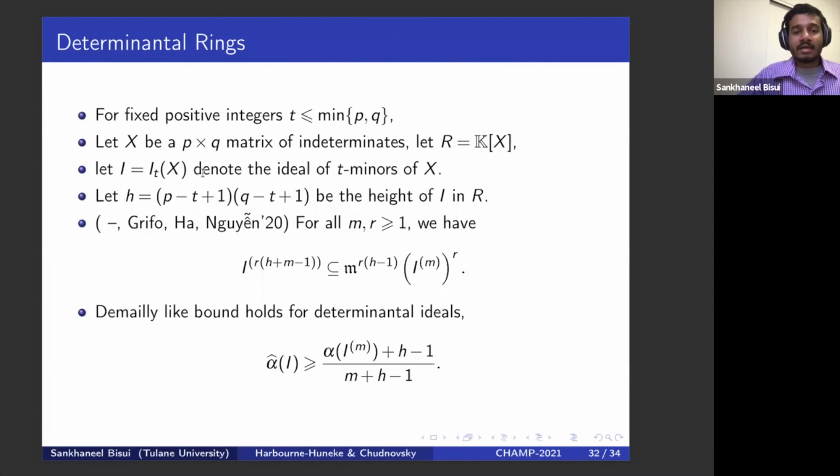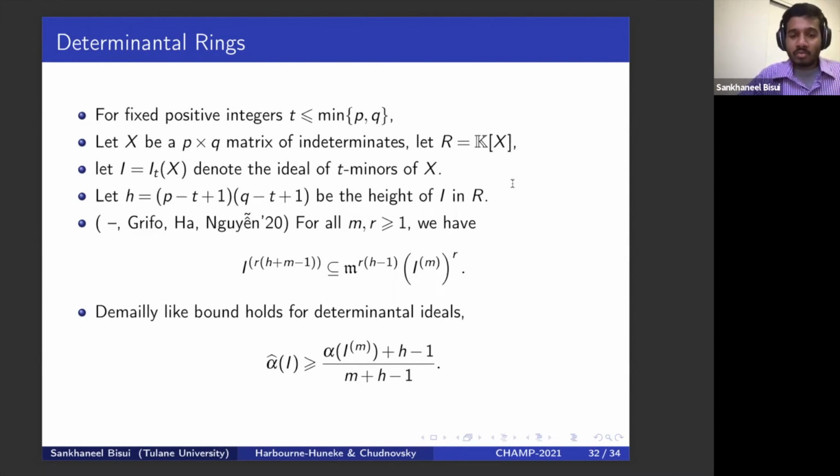Then for the ideal of t by t minors of X, it is proved that the height of those ideals is given by (p minus t plus 1) times (q minus t plus 1).